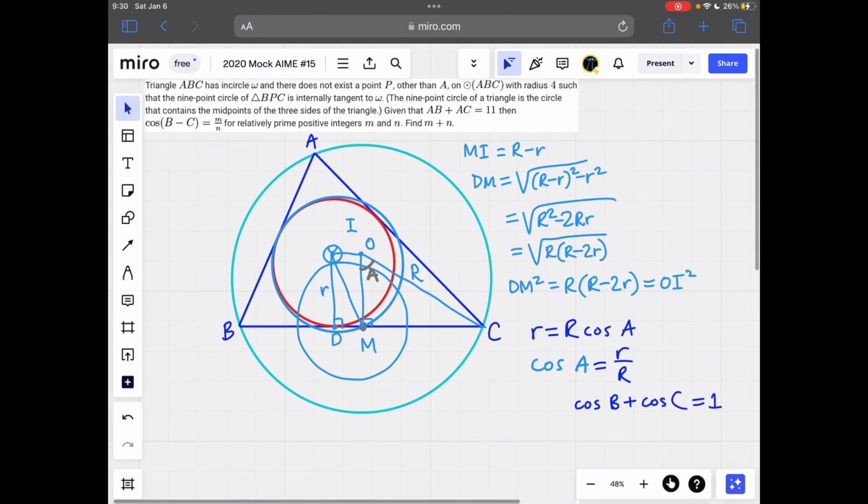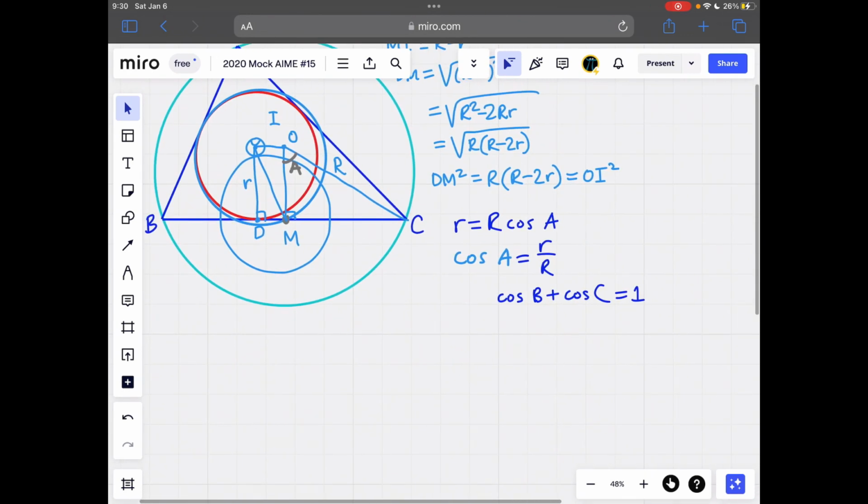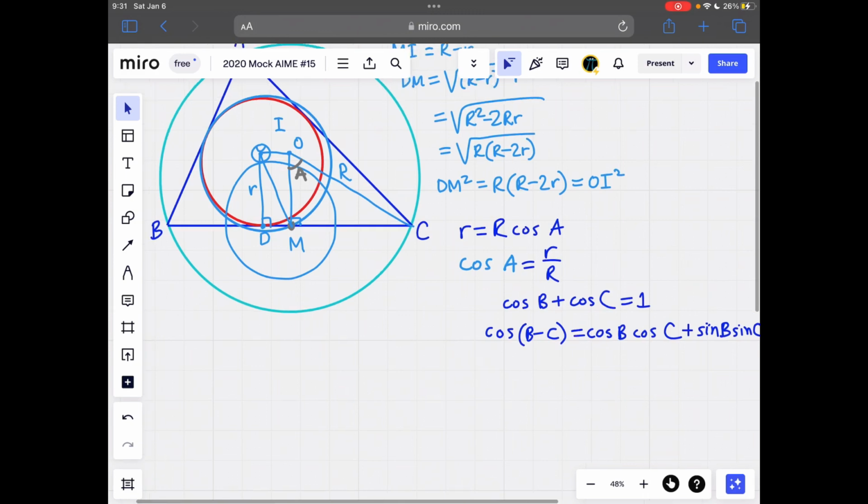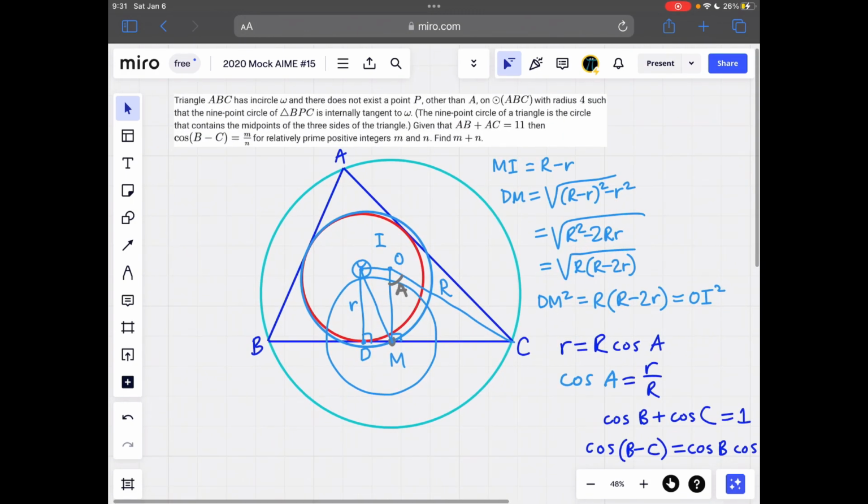Now, what do we want? We want cosine B minus C. So what's cosine B minus C? Well, cosine B minus C is just equal to cosine B cosine C plus sine B sine C. So we clearly need something to do with the sines of angles B and C. But we are given that AB plus AC equals 11 in the problem statement.